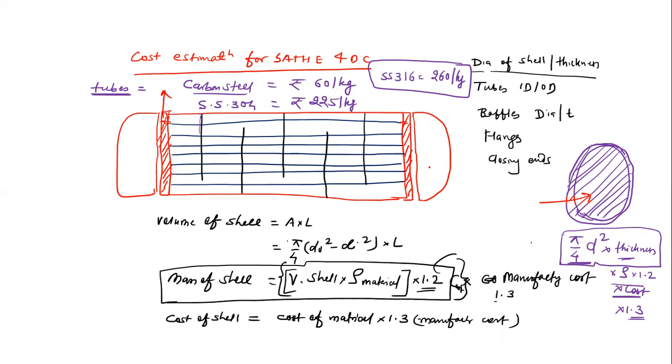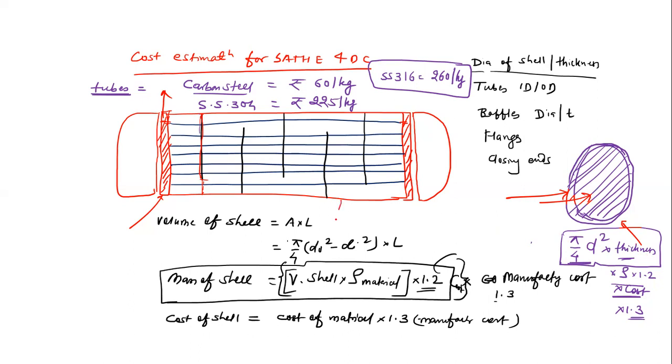So you can just imagine and make sense of it. This could be just a total plate. This is cut, but when you cut it, you consider the total one. So you find out these flanges. Similarly, the thickness of flanges would be higher than the thickness of baffles. Take it accordingly, find out the cost of flanges.